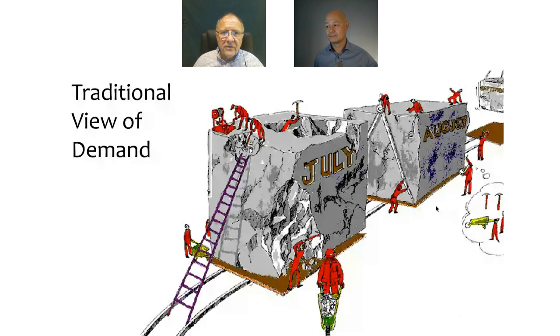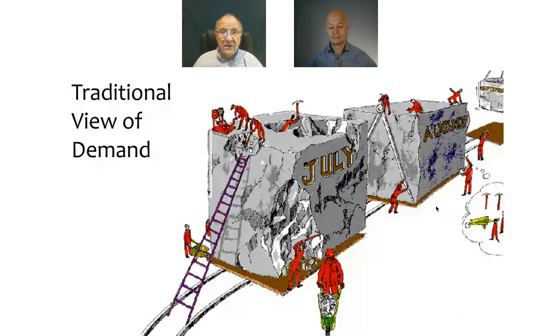A lot of processes we look at seem to perceive time as belonging in big monthly chunks. Typically, this is the view that a lot of people have. There's July's demand being worked on and delivered to customers.